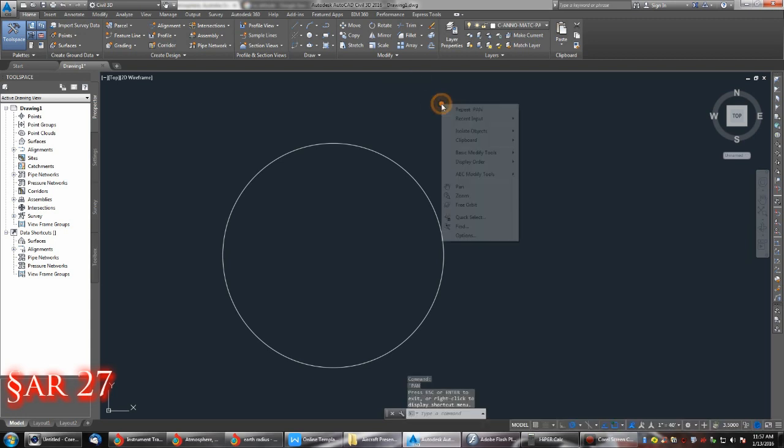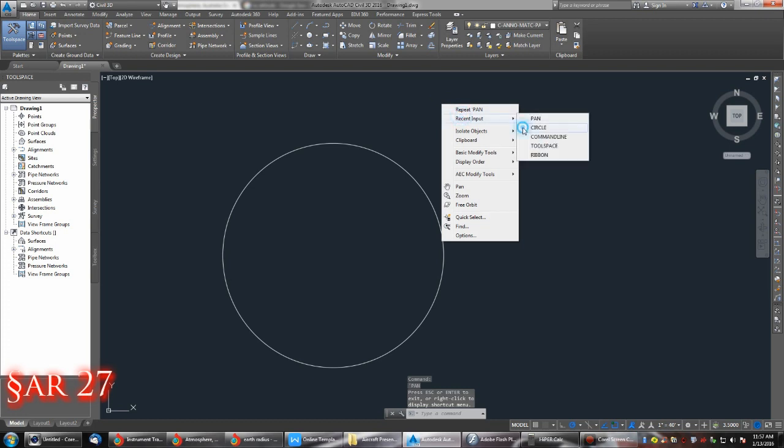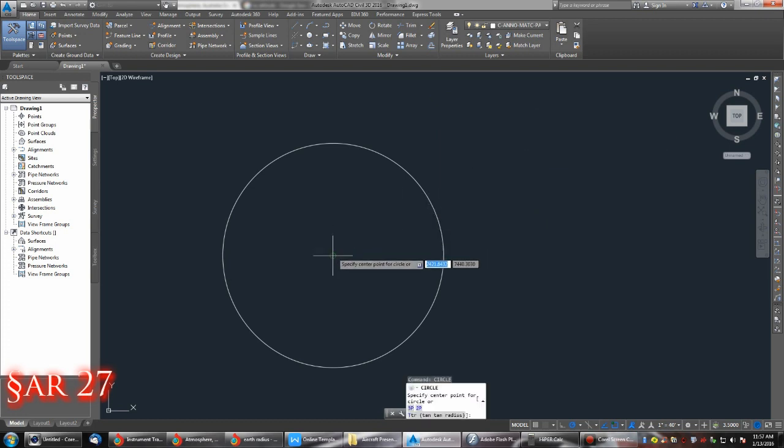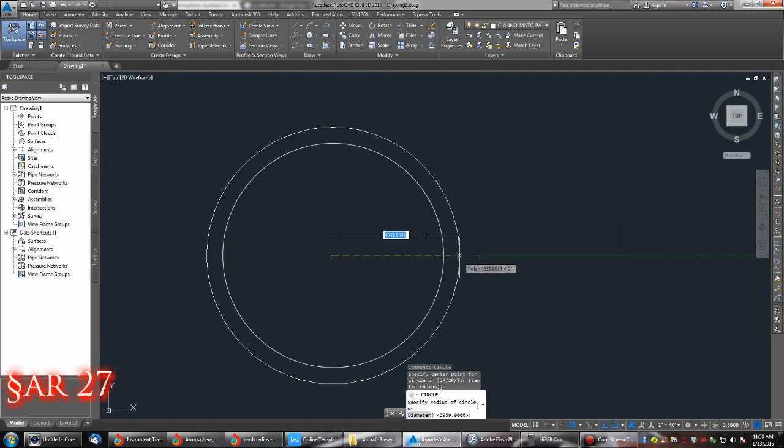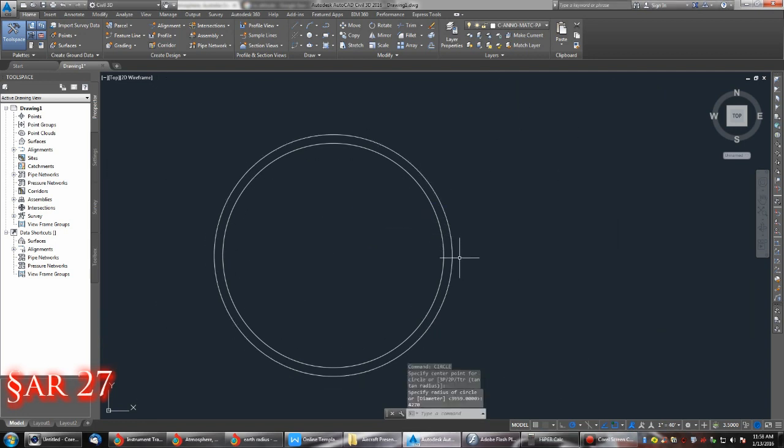Now, in order to show that here, I'm going to make another circle with the radius of, let's take the calculator here, 3959 plus 311 miles. So it'll be 4270. That represents this line here.